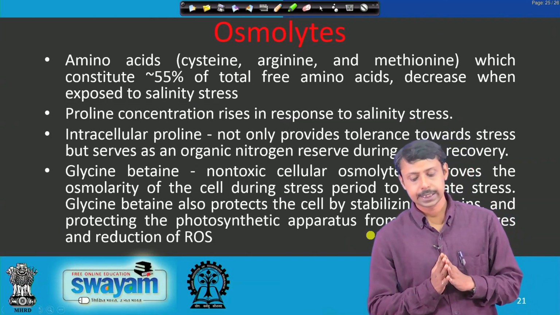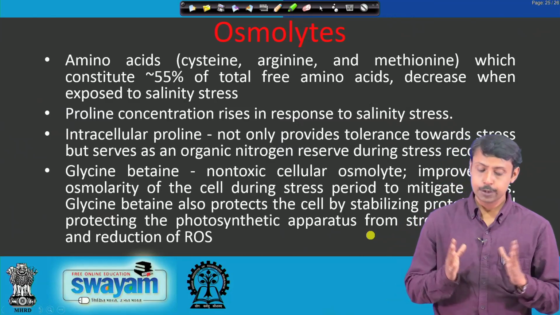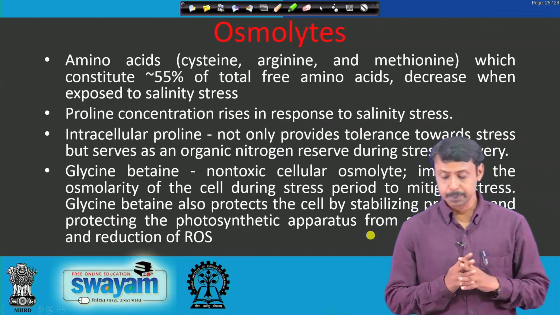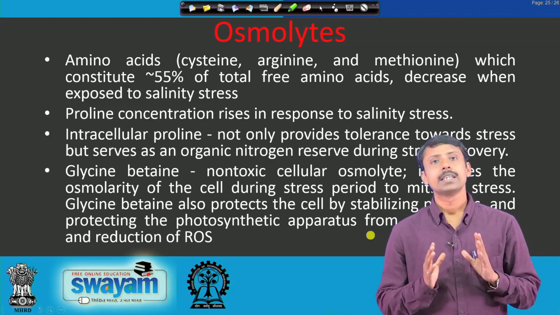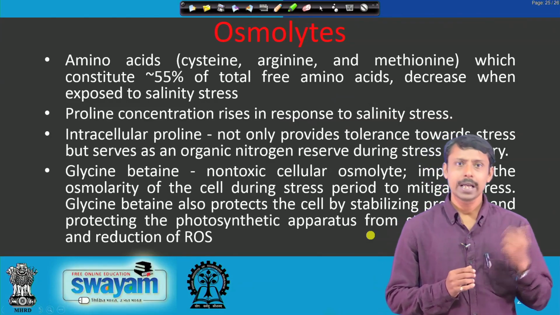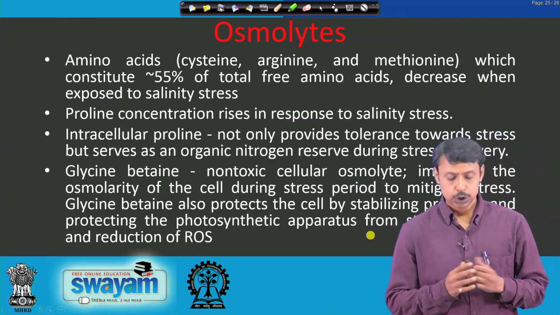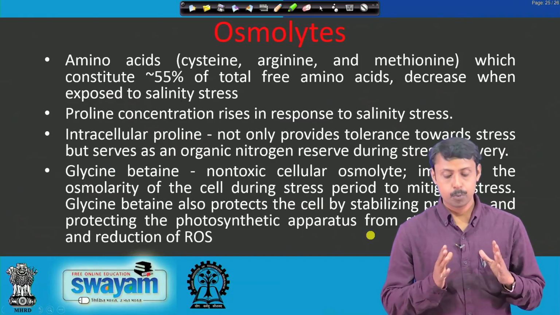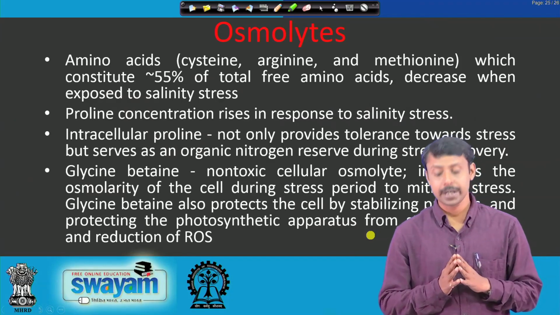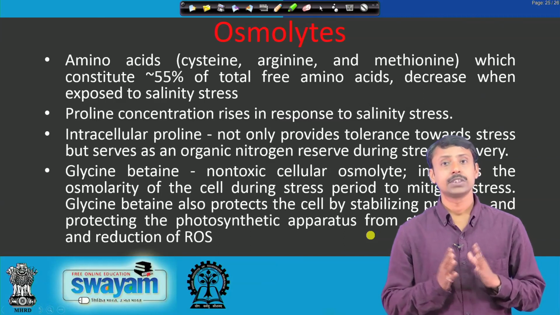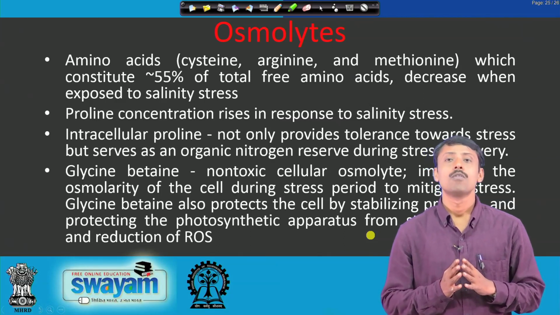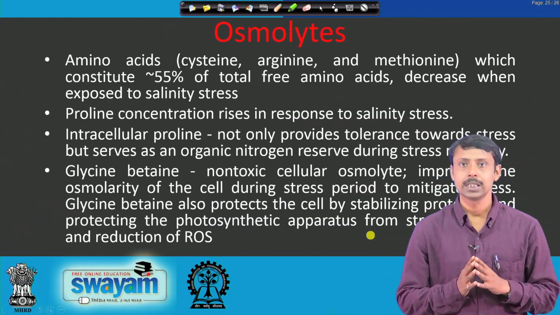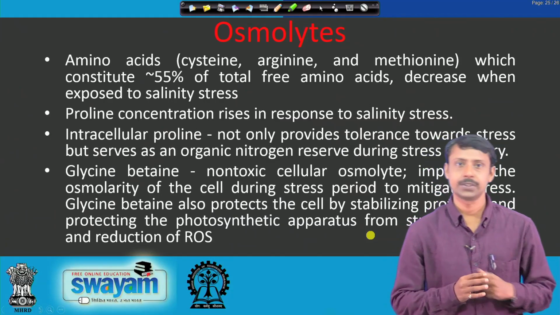It is a non-toxic cellular osmolyte, and it will improve the osmolarity of the cell during the stress period to mitigate the stress, almost in a similar way as proline works. So, glycine betaine also protects the cell by stabilizing proteins and protecting different photosynthetic apparatus from stress damage, as well as from the detrimental effects of reactive oxygen species like superoxides, hydroxyl radicals, etc.